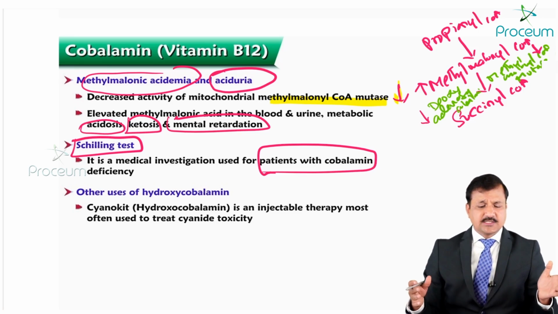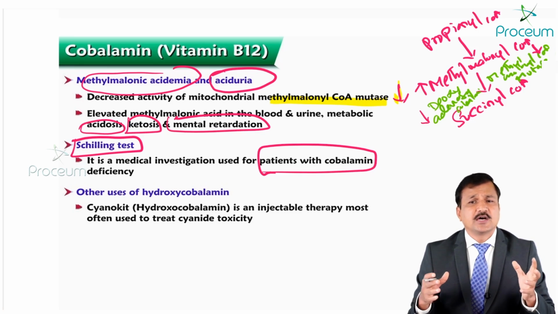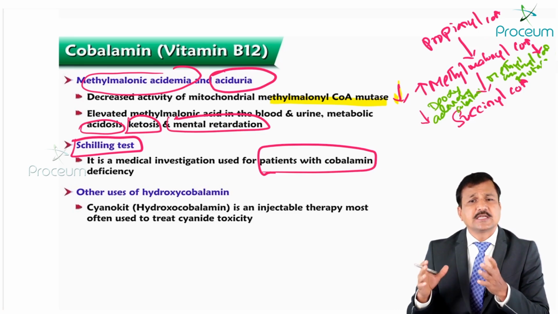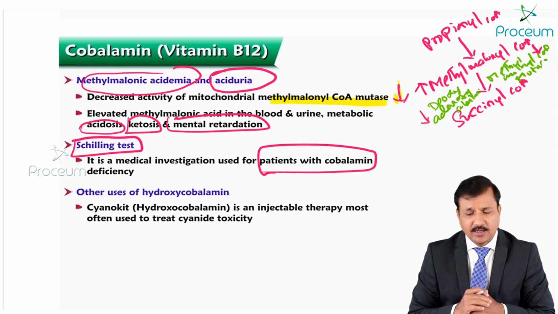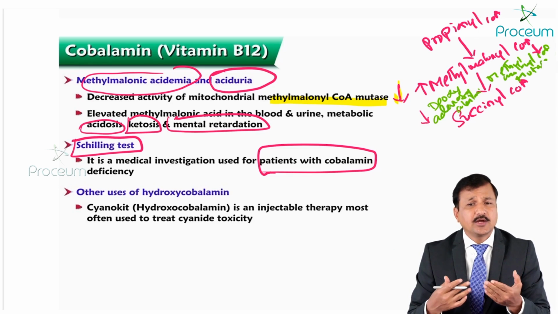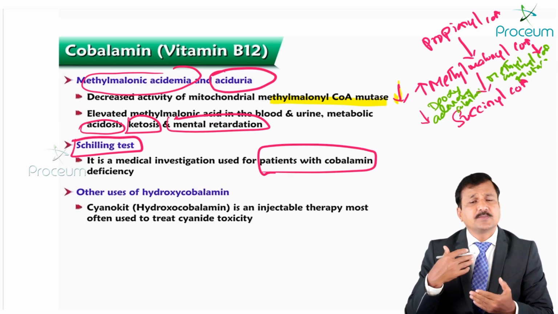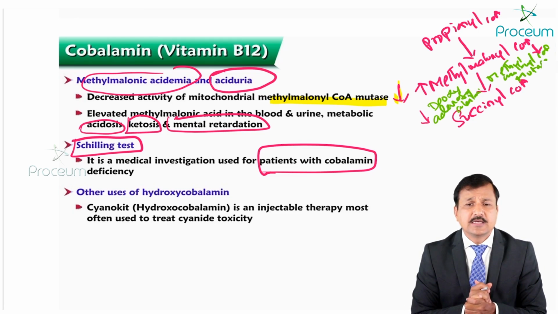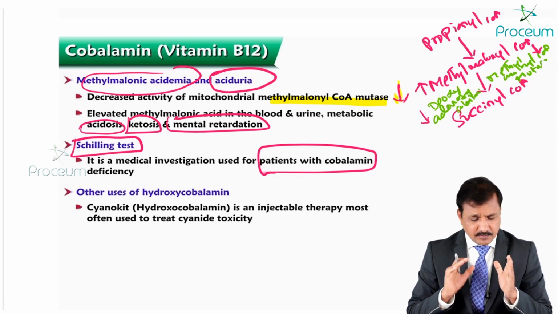So, nowadays the Schilling test is not generally done because we can measure cobalamin directly and see whether cobalamin deficiency is there or not, and also treating cobalamin deficiency is easy, where you can simply supplement cobalamin and see the improvement in the signs and symptoms.